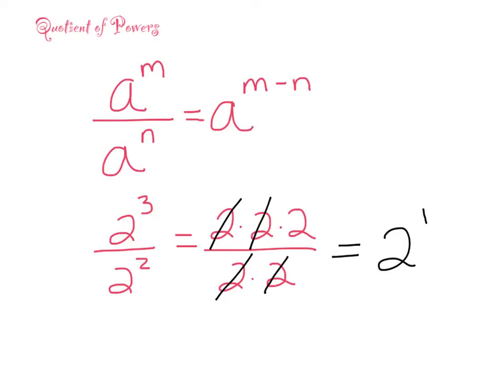Or if you just follow the rule, 2 to the 3 minus 2 is 2 to the 1. It's a lot easier to just remember the rule, but if you do forget it, this method always works just fine.